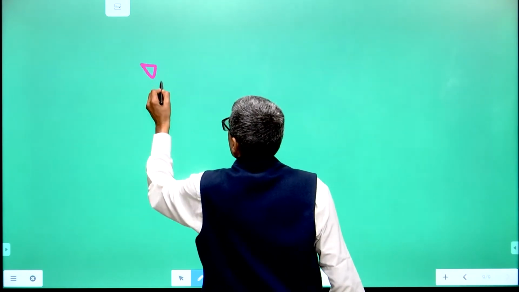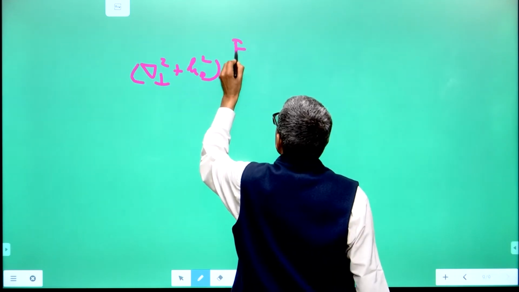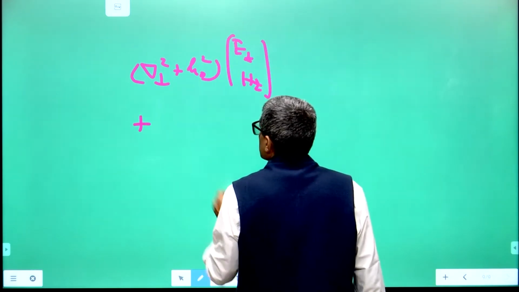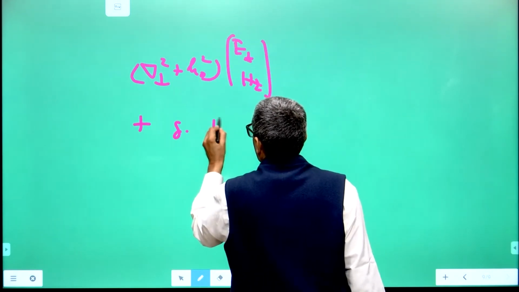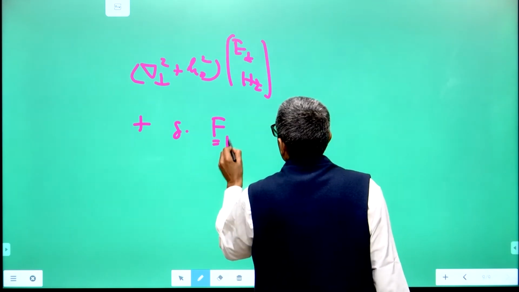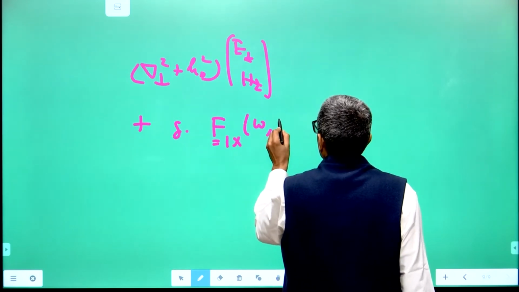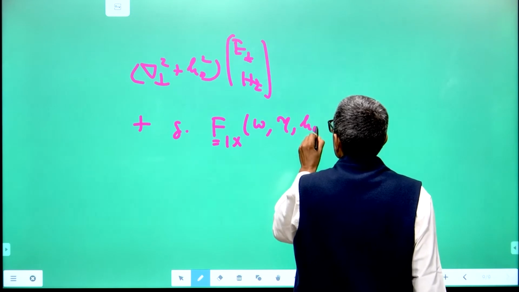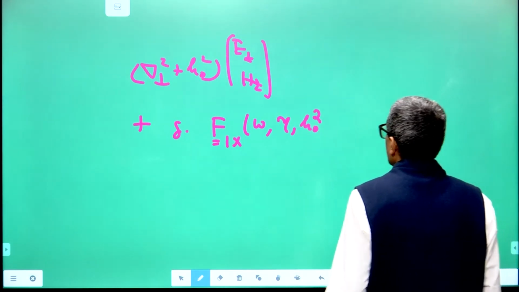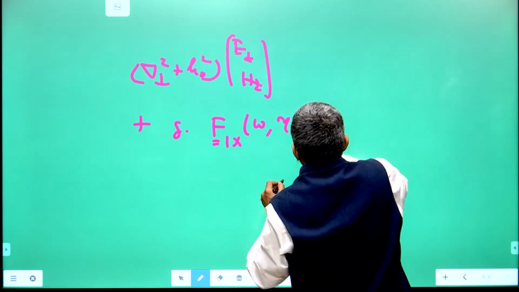You will get del perpendicular square plus H naught square acting on Ez, Hz, plus delta times a 2 cross 2 matrix. Let us call this F1. So F1, which depends on omega, it will depend on gamma, it will depend on H naught square. If it depends on H naught square, it is equivalent to saying that it depends on omega and gamma.